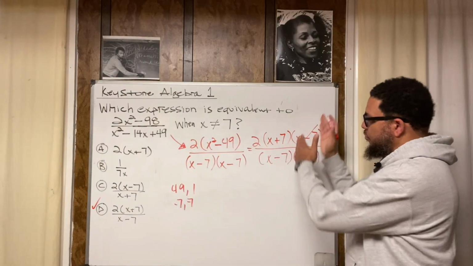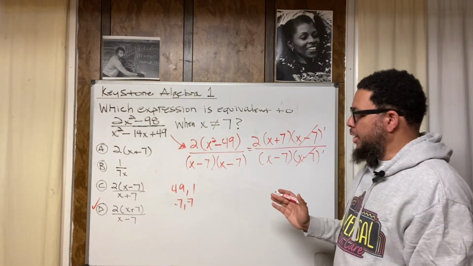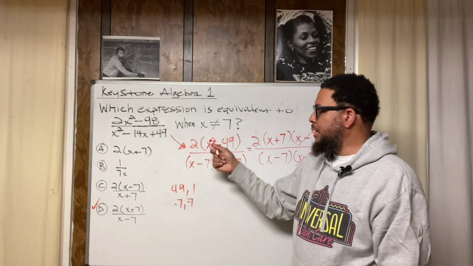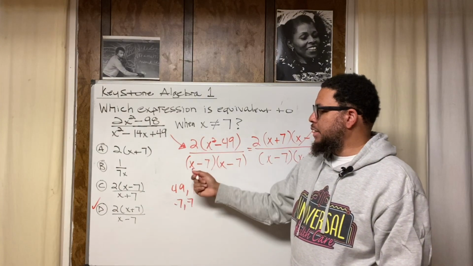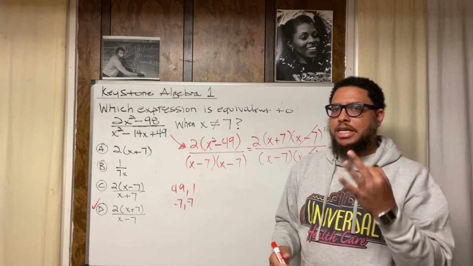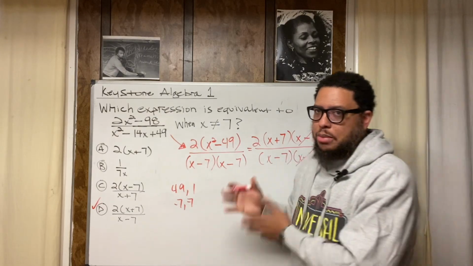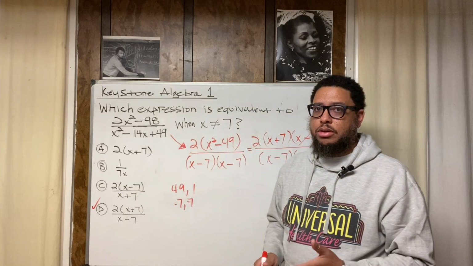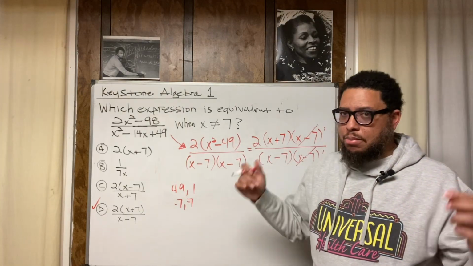Then you need to know how to divide out expressions. And you also need to remember that you can't do x squared divided by x because this x squared is part of a binomial, just like this x is part of a binomial. So it's 3 types of factoring that you need to know in one problem. But in Algebra 1, you have to know how to factor. It's imperative.